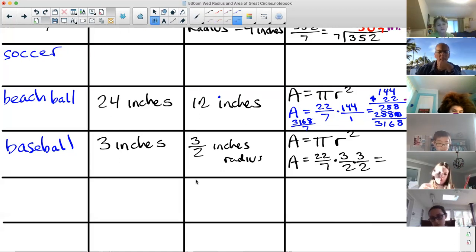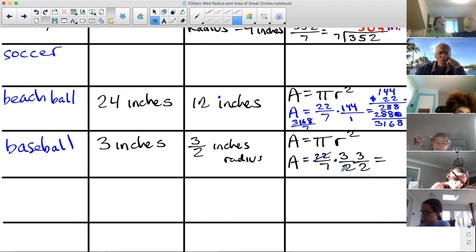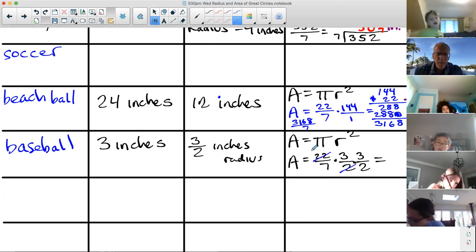Go ahead, Elliot. Well, 2 doesn't go into 3. Yeah, but 2 goes into 22. Yes, it does. So 22 over 2 is what? 11. Over what? 1. Right. And I don't think we can do any more cross cancel.